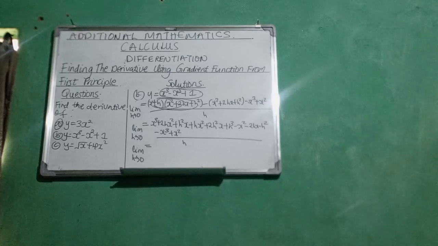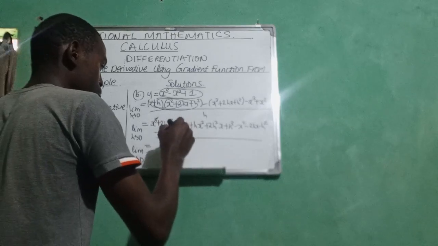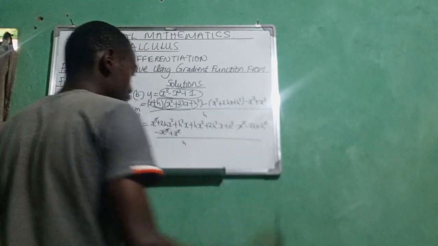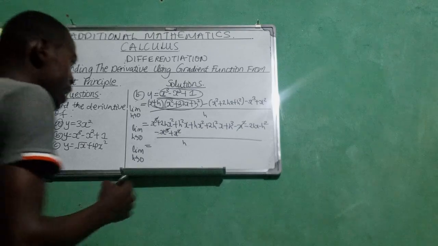As we take the limit as h approaches 0, we cancel out what can be cancelled. This x cubed and that x cubed, this x squared and that x squared cancel out. Then we group like terms together.